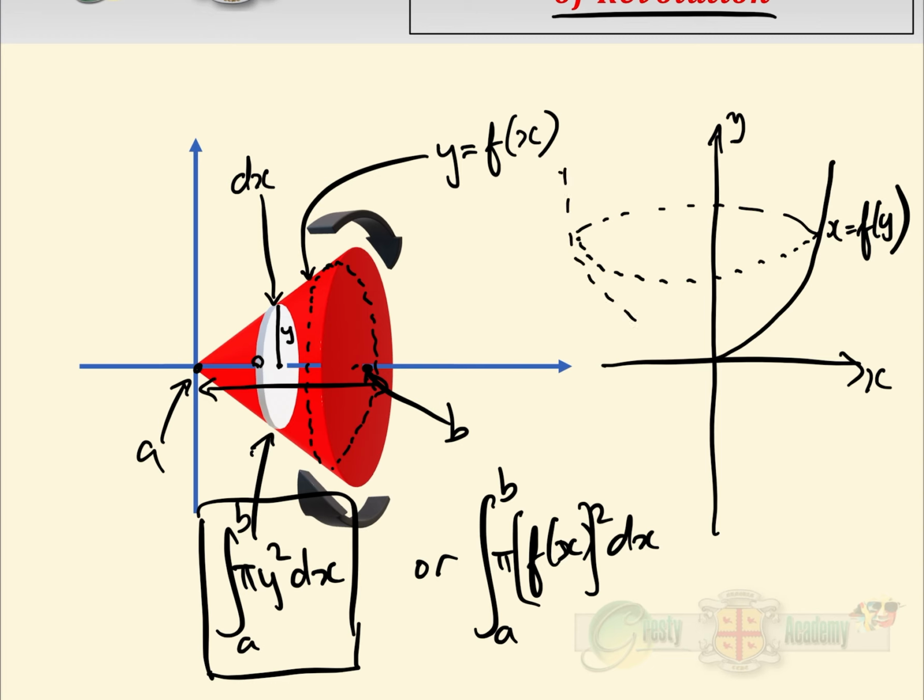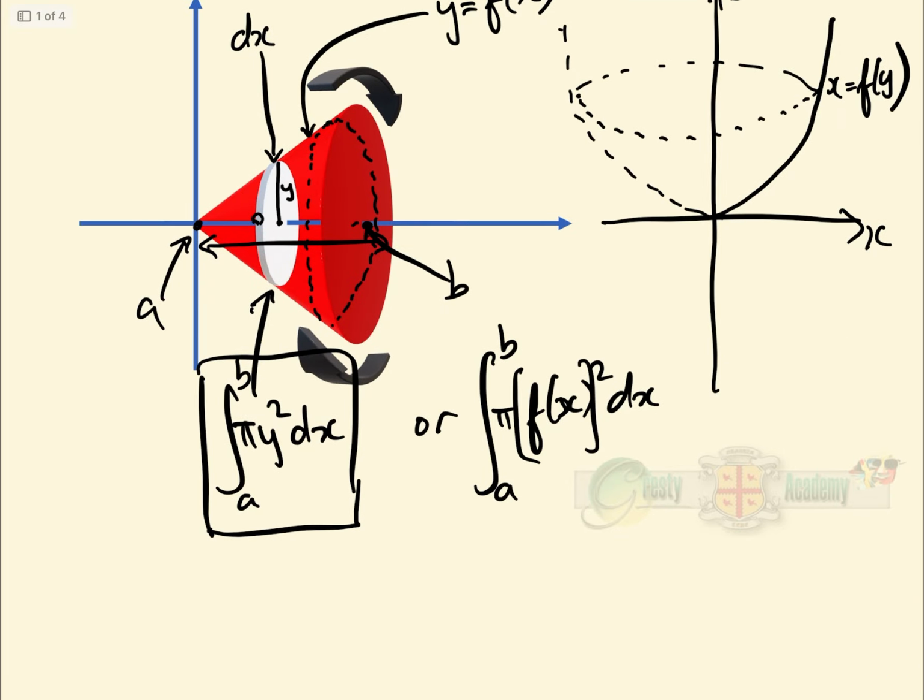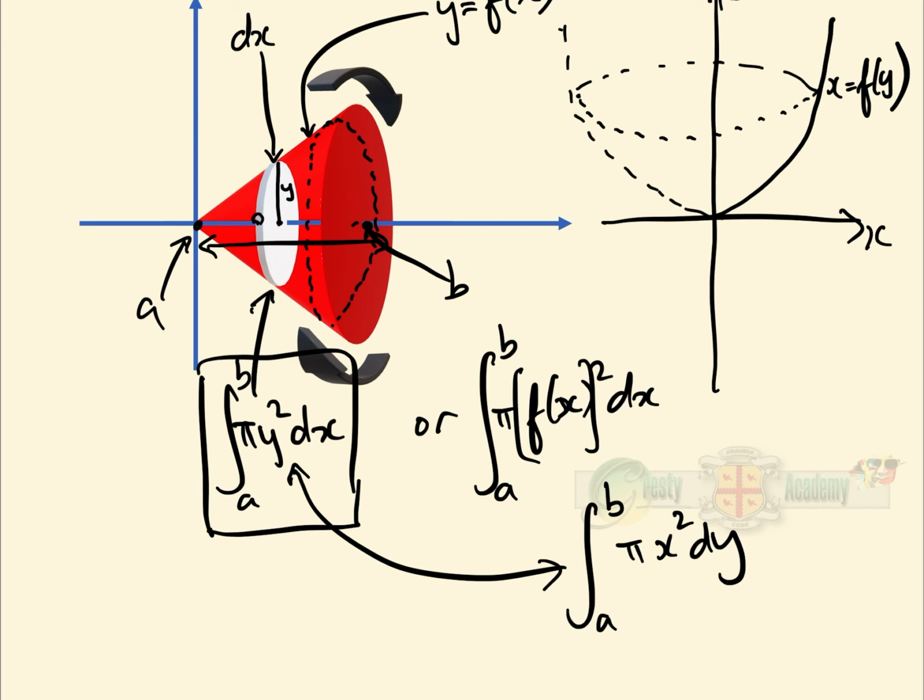The volume would be the integral between a and b of pi x squared dy. Basically, all we're doing is flipping all of the x's and the y's. If that doesn't make a lot of sense, let's get straight into the questions anyway. There are three types of questions, and we're going to do all three.